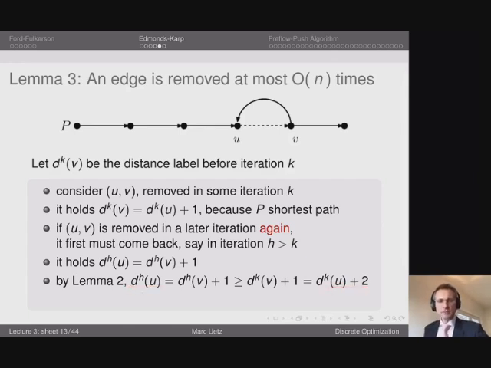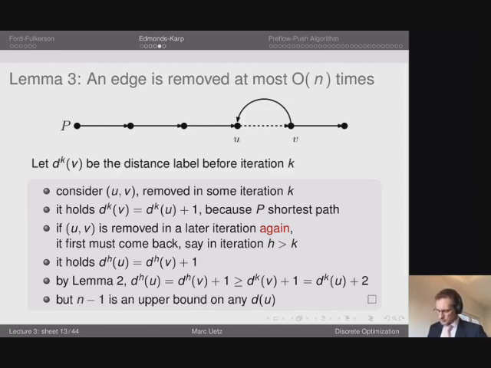So how does this help? Well, what is the maximum distance label that a vertex could actually have? Remember that we are measuring the number of edges of a path, and the maximum number of edges that a simple path can have, a shortest path can have, is n-1 edges. So there is a natural upper bound n-1 on all the distance labels.